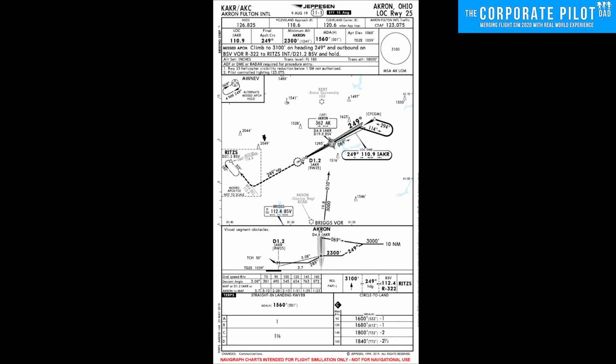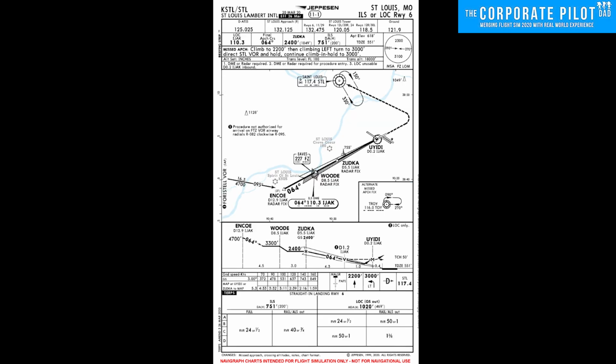And the answer is, we're not going to do that by DME. We would do that off of a cross radial, the 260 radial off of ACO or Akron VOR. So this seems like a lot, but it's not. I will demonstrate this momentarily. But first I want to go over a couple more missed approach procedures.